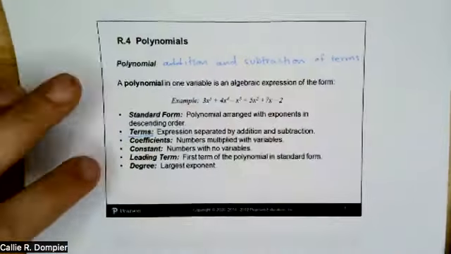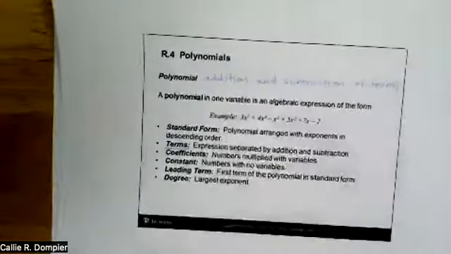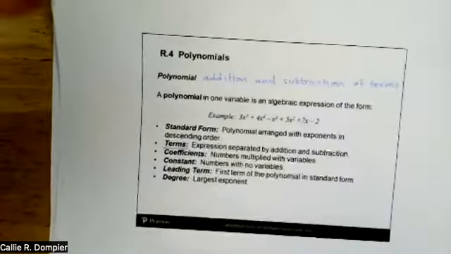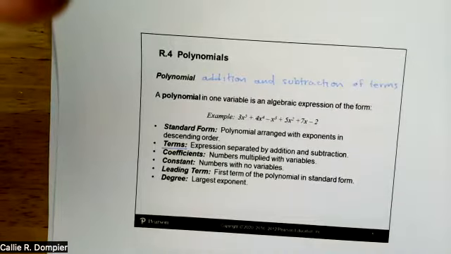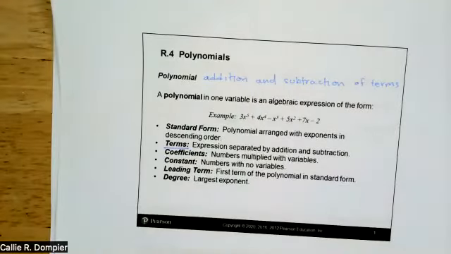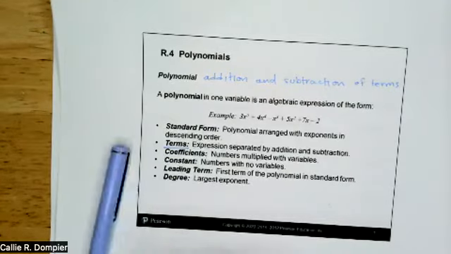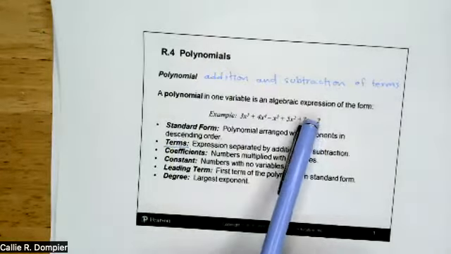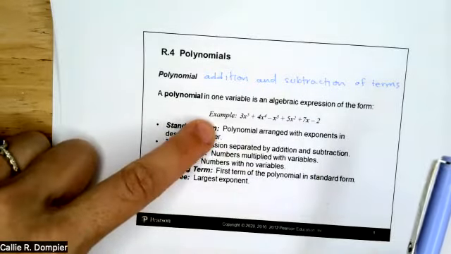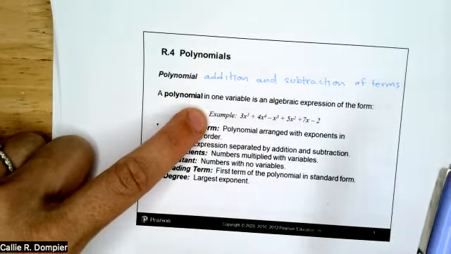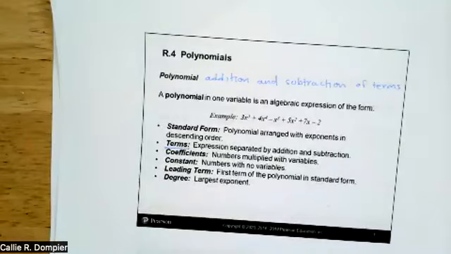So when you hear terms, do you think of like terms, right? Like terms, unlike terms. Here are 1, 2, 3, 4, 5, 6 terms. So this is a 6-term polynomial.